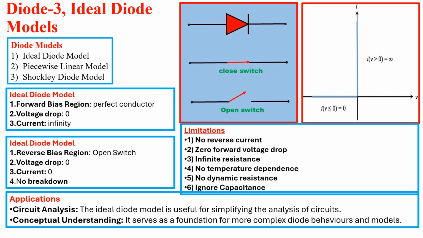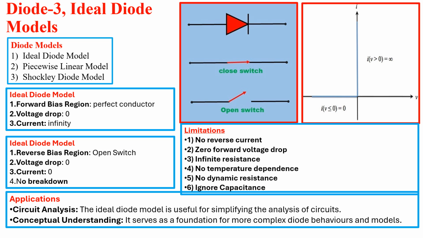Another important limitation is infinite resistance in reverse bias. An ideal diode is assumed to have infinite resistance in reverse bias, whereas real diodes have a finite reverse breakdown voltage and can conduct a significant current beyond this voltage.